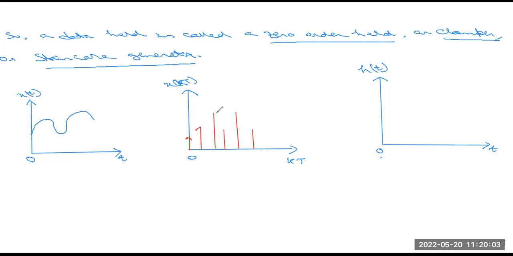Zero, t, 2t, 3t, 4t, 5t. So these are the different values we have to convert using the impulse sampler functions. This one to this one also. Okay. And another one, this is basically the staircase function.